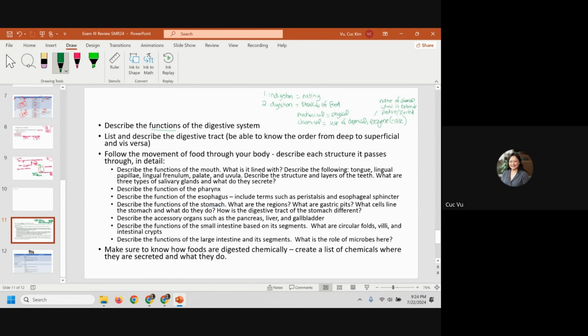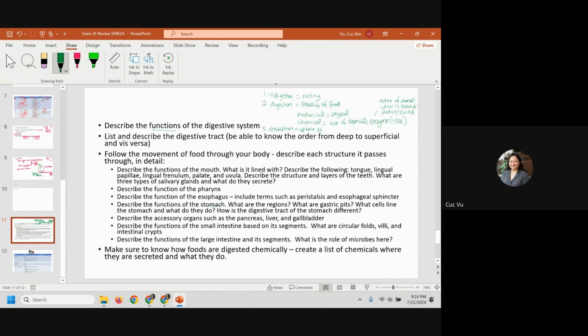Okay. So that's digestion. Then after digestion, you have absorption. How do you define absorption? The uptake of nutrients into the rest of your body.